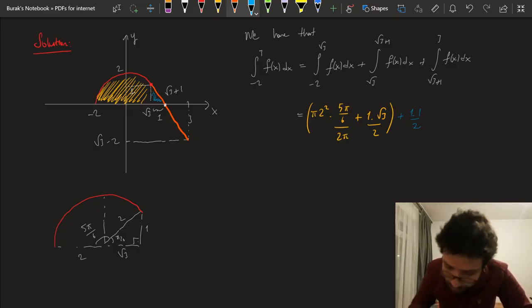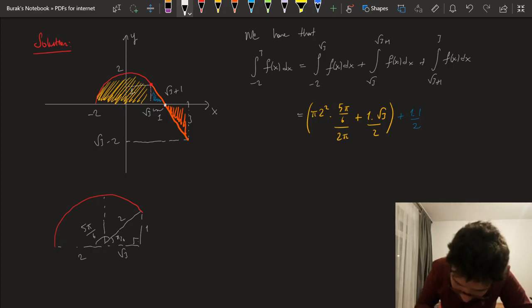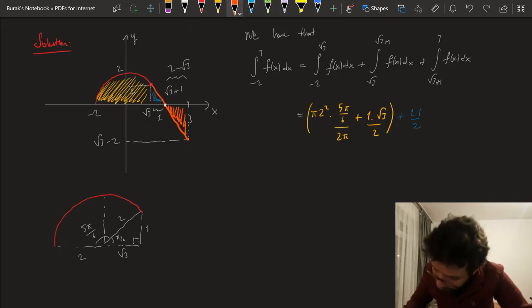And over here, I have another triangle. And this time, this length is 3 minus this, 2 minus root 3.